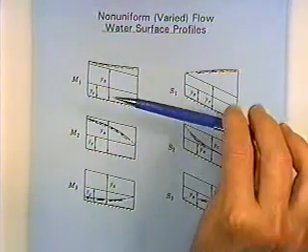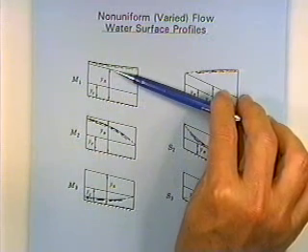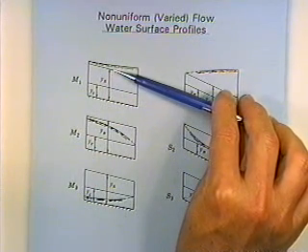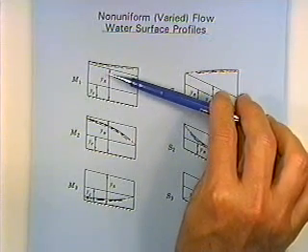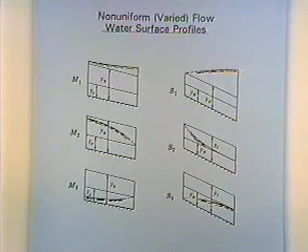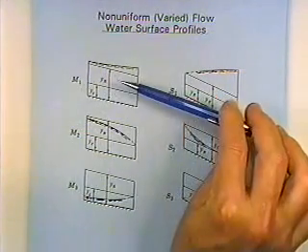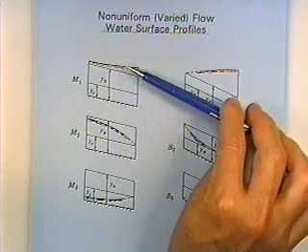And then we've got three depths we're looking at. The normal depth, and the normal depth, that's the uniform flow depth. That's the depth you would have if there was nothing causing non-uniformities. The critical depth, of course, we've talked about. And so for an M1 profile, well, the actual depth is the real actual depth.